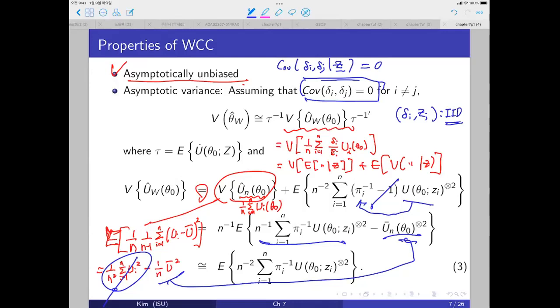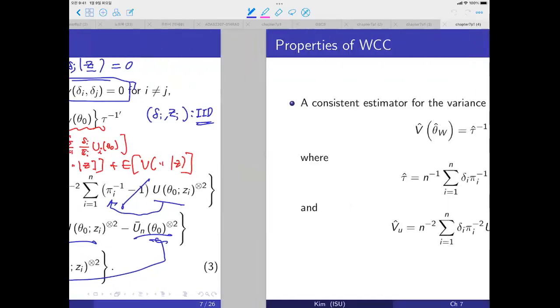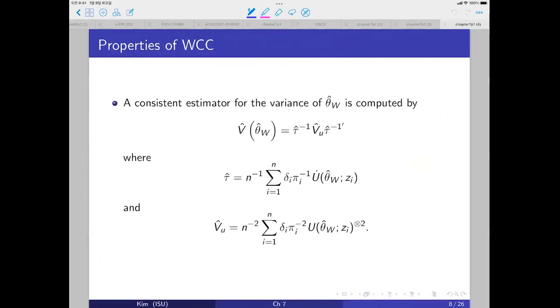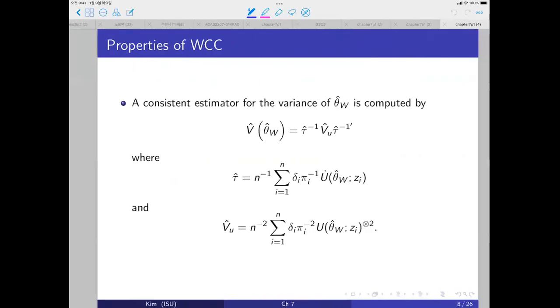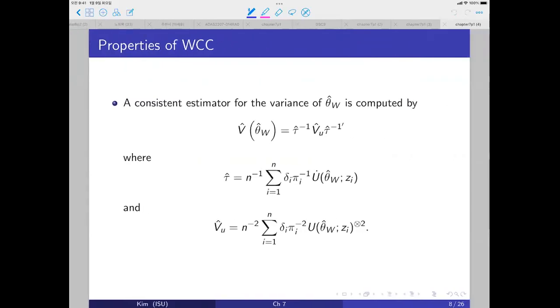Yeah, that's a good point. And then, because once we have a sandwich formula, we can easily compute the variance estimator for each component of the variance.